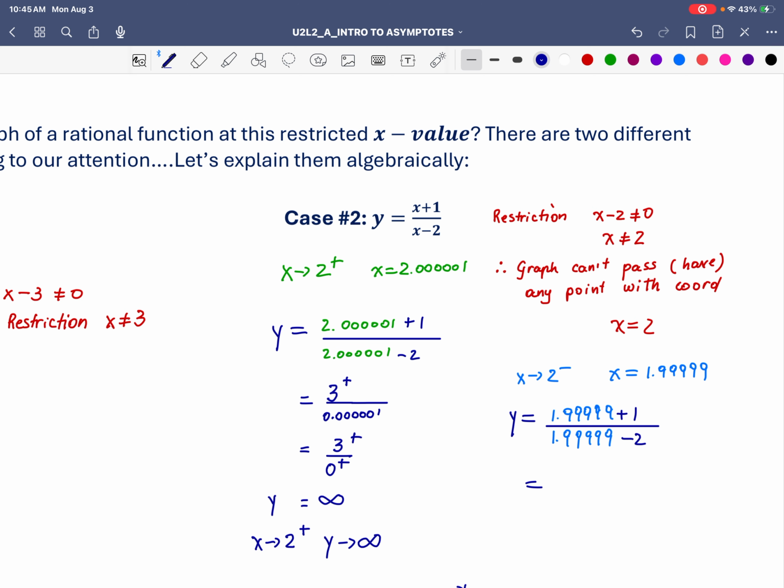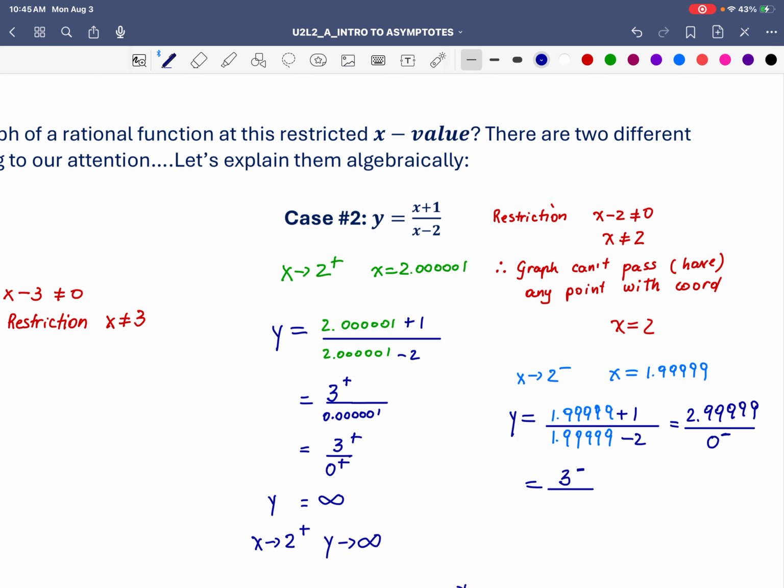As you can see, the numerator is going to be about 2 plus 1, about 3, but a little bit less than 3, like 2.99999. And then 1.99999 minus 2 is going to have a difference of almost 0 because they're very close to each other, but it's going to be 0 on the left side, or a 0 negative.